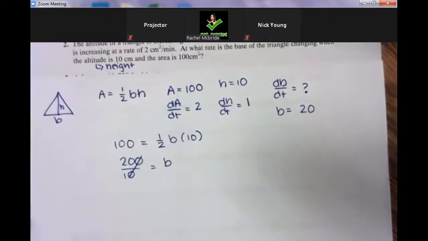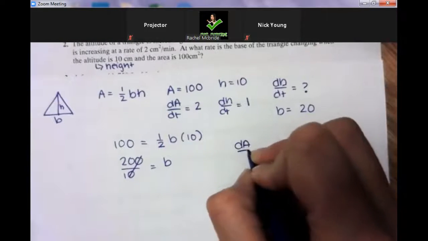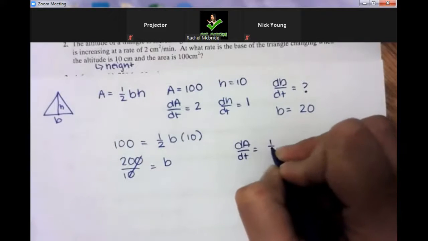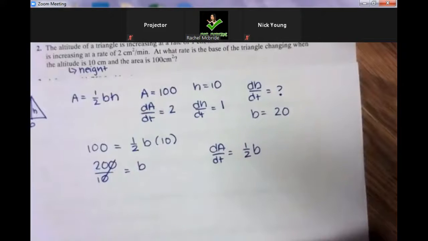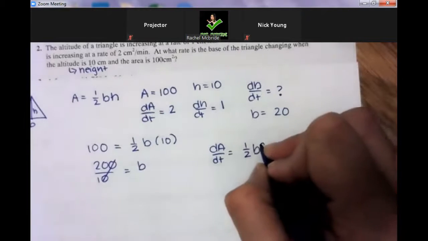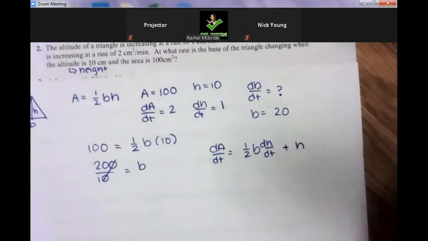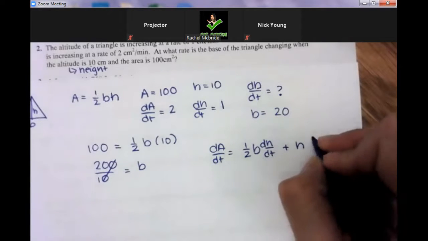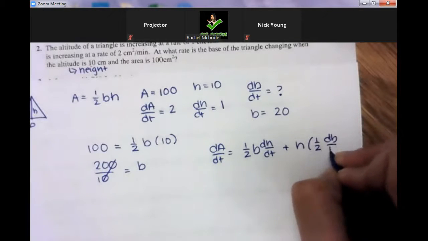I need that because when I take the derivative of area, it's going to be the product. So it's going to be the first, which is 1/2 B, times derivative of the second, plus the second, which is H, times derivative of the first, which is 1/2 dB/dt.